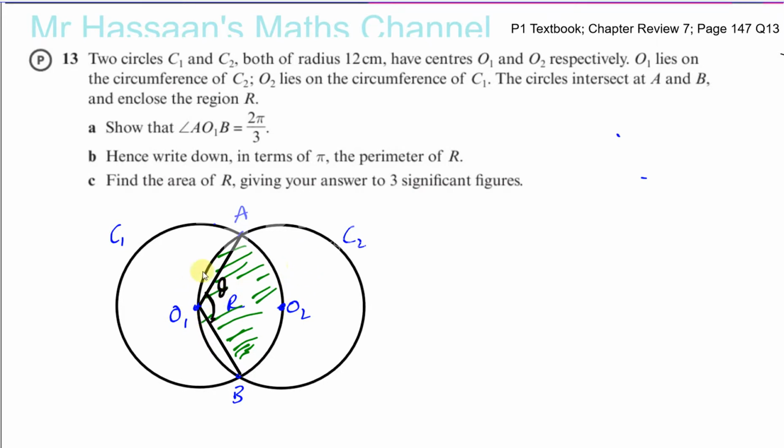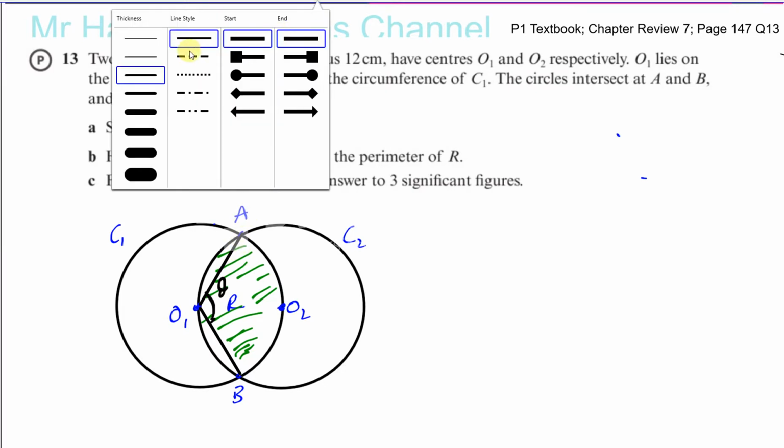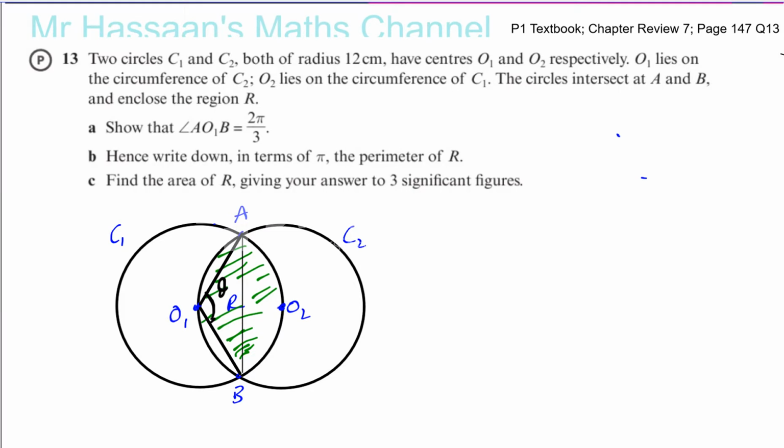Now, we know the radius of these circles are both 12 centimeters. If I want to find this angle, let's have a look. We've got the length from A to B. We don't have that length, but we can form a triangle from that. I know that this is 12 centimeters, and this is also 12 centimeters.